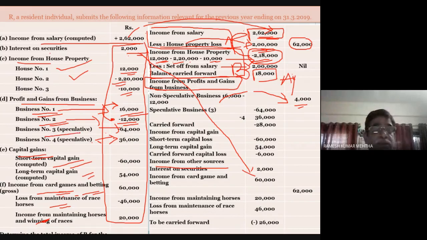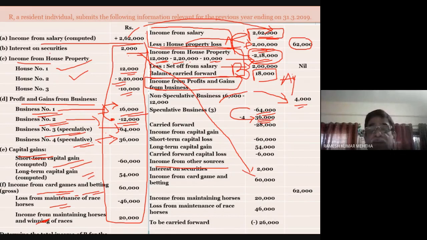Next one is non-speculative business loss and speculative business income. Speculative business loss was 64,000 and speculative business income was 36,000. Please remember, speculative business loss can be set off against speculative business profits only. So this loss of 64,000 can be set off against similar income of 36,000, but it could not be set off in full.